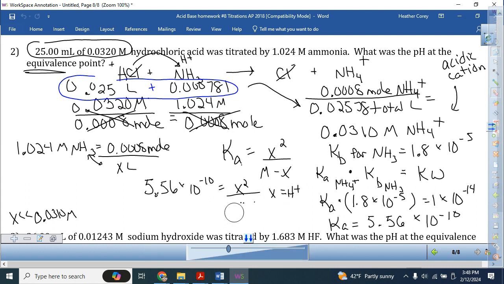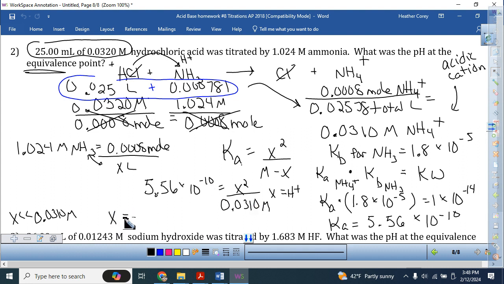So plugging in my molarity, 0.0310, and ignoring the minus x, when I solve for x here, you cross multiply, take the square root, and this gave me an x of 4.15 times 10 to the negative 6, which equaled my H plus.